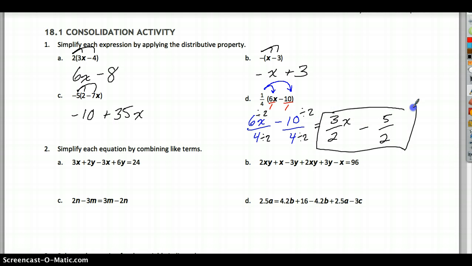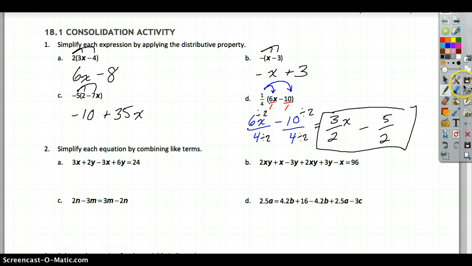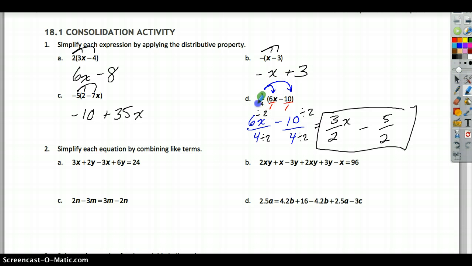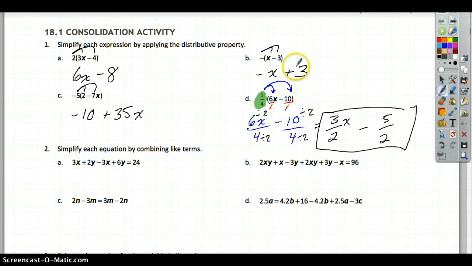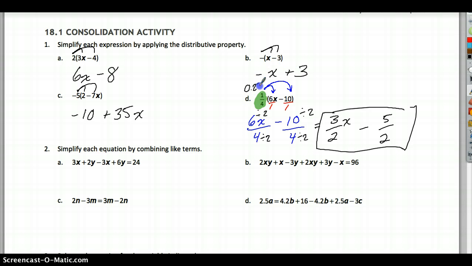So let's go ahead and turn that into 3/2 x minus 5/2. You could have also done a decimal there. I know that some of you guys feel a little bit more comfortable using the decimals. Could have changed that 1/4 into 0.25 and distributed the 0.25 to both terms. That would have been perfectly fine as well.